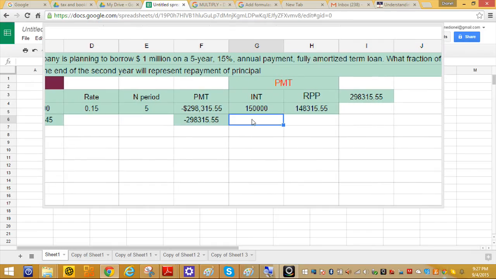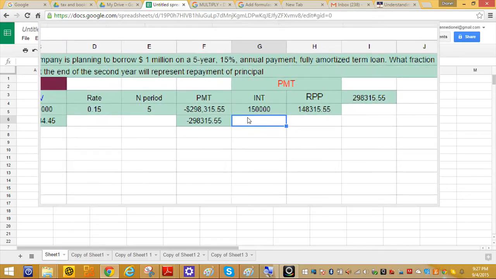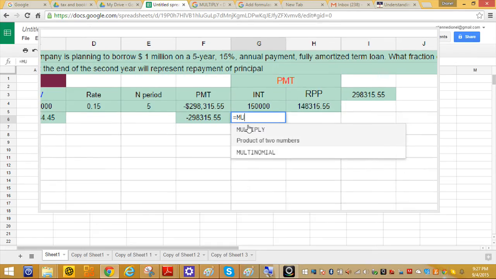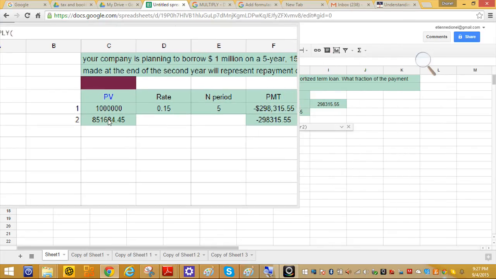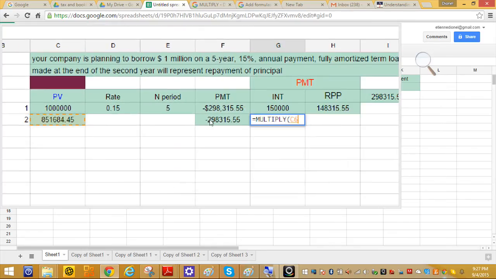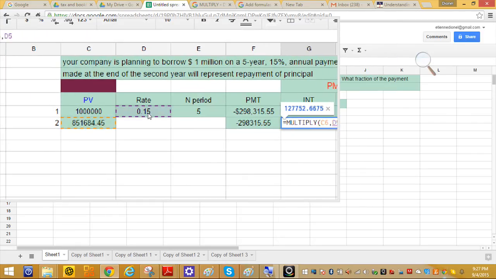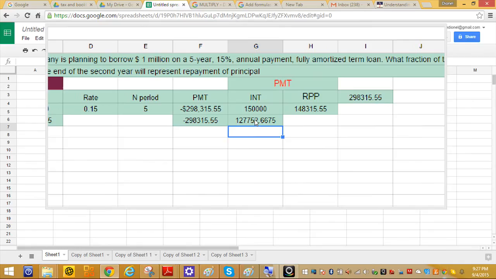But the interest is gonna be different now, since the interest is applied to the new balance. So my interest is gonna be the multiplication of this new present value, comma, by the rate. There you go. That's gonna be my new interest.